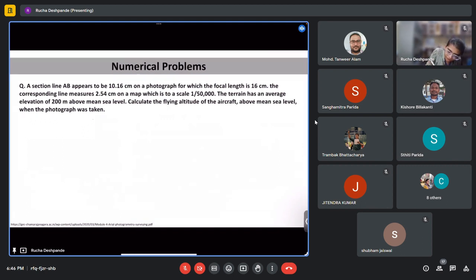So in this problem, there is a photograph also and a map, and the scale of the two would be different.